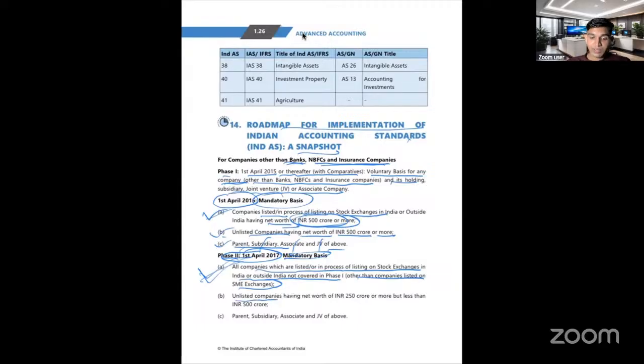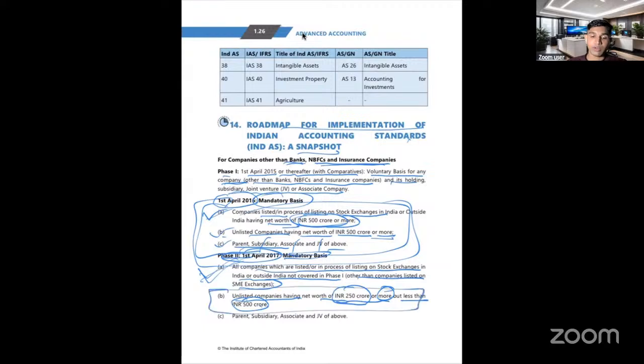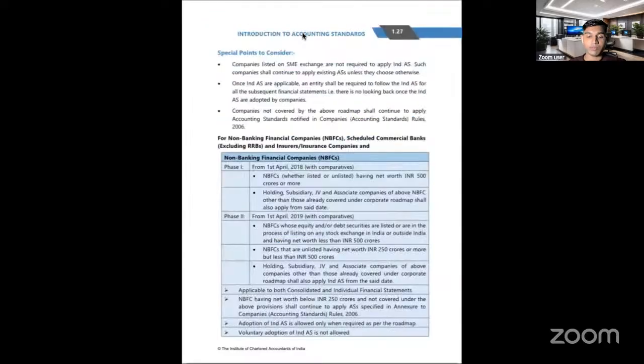Then unlisted companies having a net worth of INR 250 crore or more but less than INR 500 crore, because those above 500 crore are covered in the earlier section. So above 250 crore is covered here from 1st April 2017. Then parents, subsidiaries, associates, and JVs of the above.